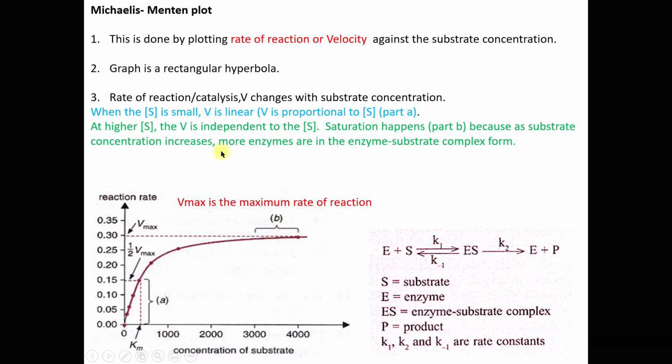From this graph, you can easily see that this point of the graph is the maximum rate of reaction, where the rate of reaction cannot further increase or progress. So this is Vmax or maximum velocity, all right, and this is Km. I will talk about this later on.